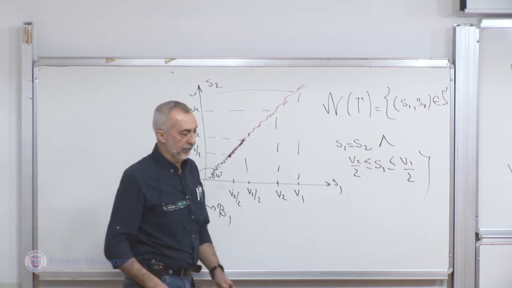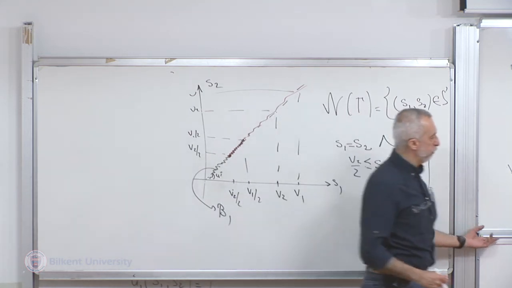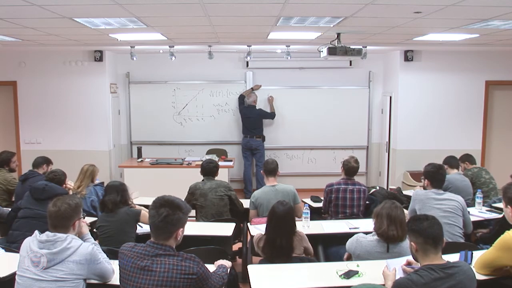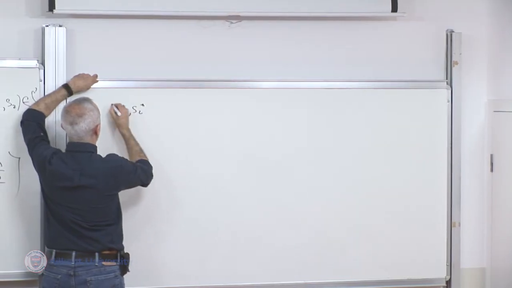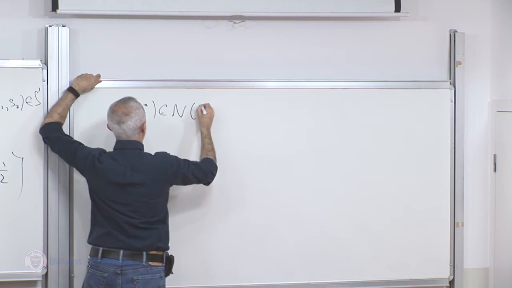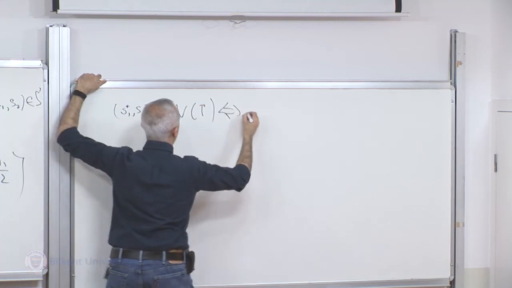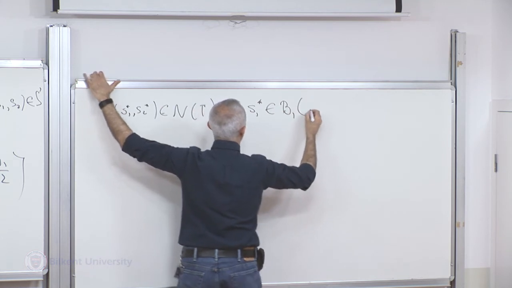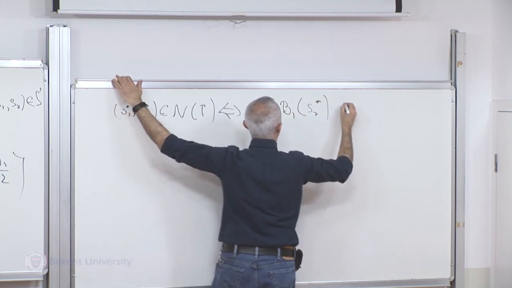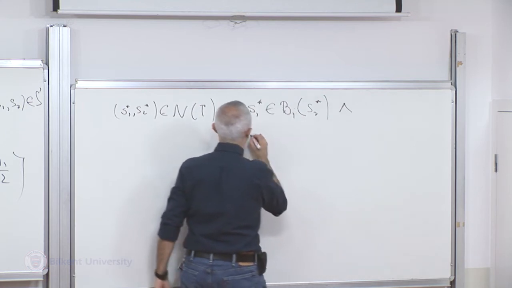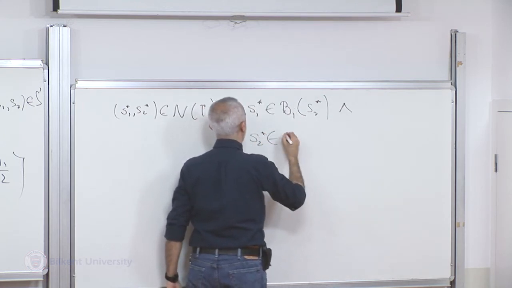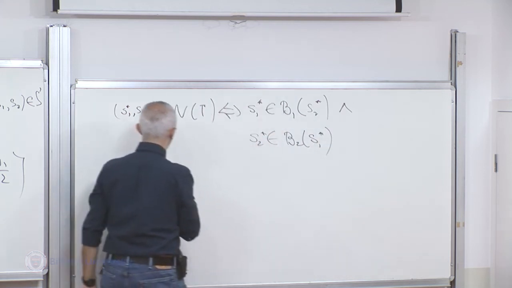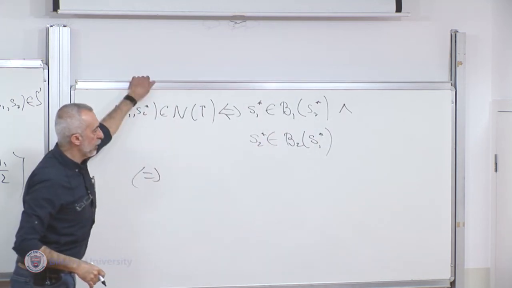But what if you did it mathematically? S1 star, S2 star is a Nash equilibrium of the game if and only if S1 star is the best response of player 1 to S2 star, and S2 star is the best response of player 2 to S1 star. So when is this the case?